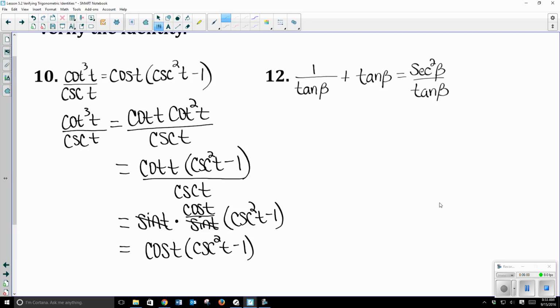Number 12. Common denominator. I'm going to add the two fractions together. Tangent beta.